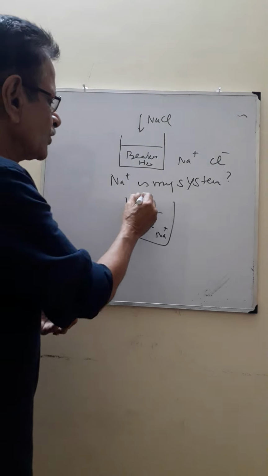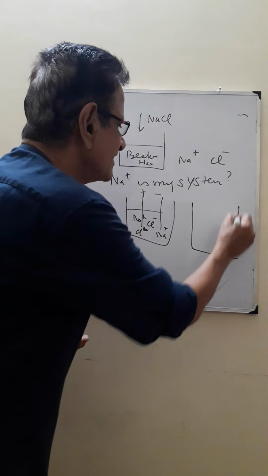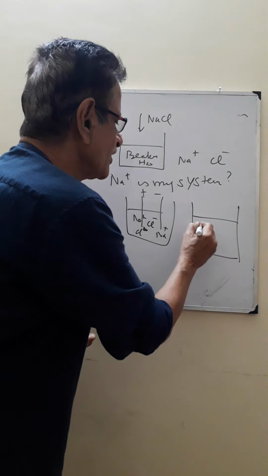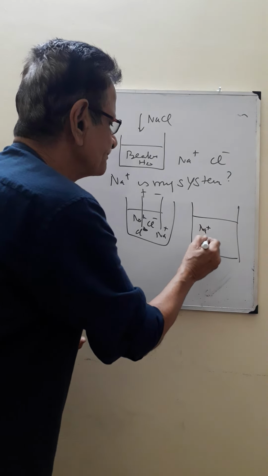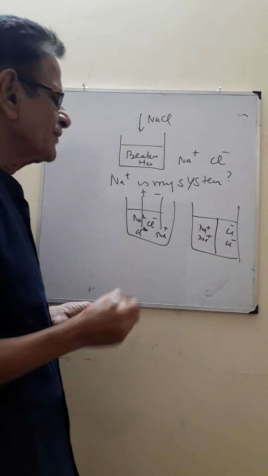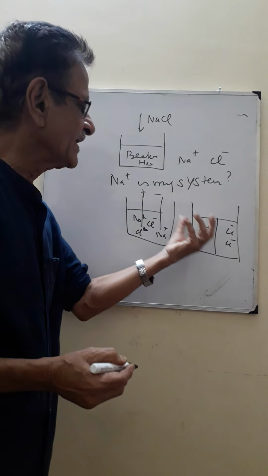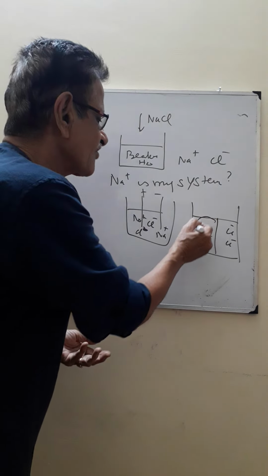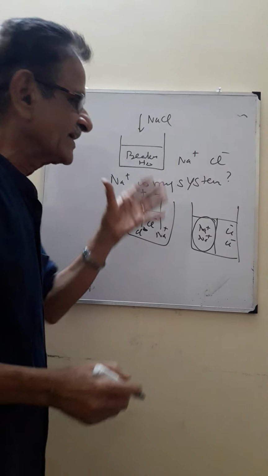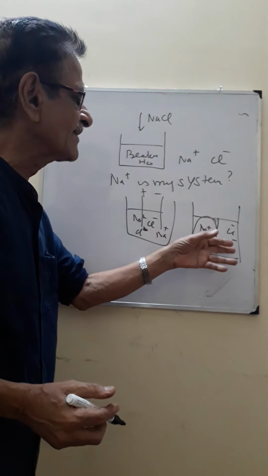However, if I keep a positive and a negative electrode here, all my sodium ions will go to one side and all my chloride ions to the other side. Now I can say sodium ions are my system because I have a confined region of space, a defined space.